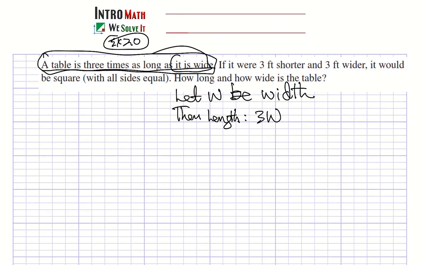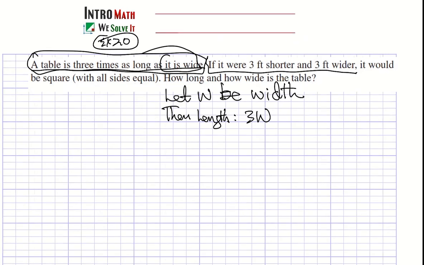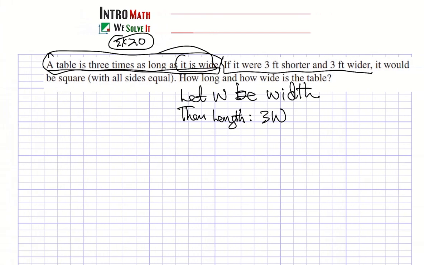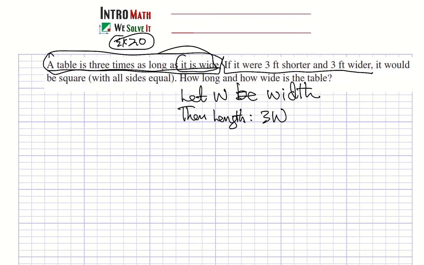So let's go to this part. He said if it were 3 feet shorter and 3 feet wider. When they say shorter, they're talking about the length, and 3 feet wider, the width. If it were 3 feet shorter and 3 feet wider, it will be a square with all sides equal.